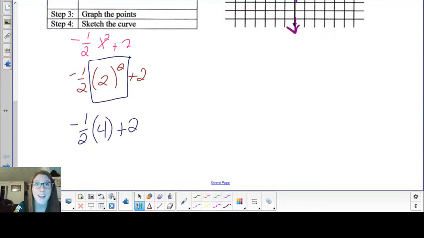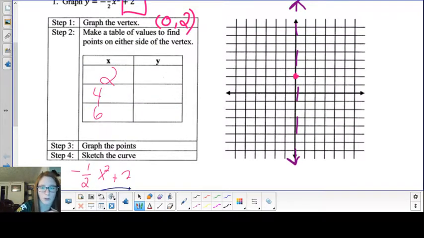Well, I know that multiplying by a half is the same thing as dividing by 2 because fractions are just division problems. And if it's got a negative sign with it, I'm just going to divide by the negative version. So instead of taking 4 times negative a half, I'm going to take 4 divided by negative 2. Easy. So 4 divided by negative 2 gives me negative 2. Then I have negative 2 plus 2, which is going to give me 0. So my first point is going to be 2, 0.